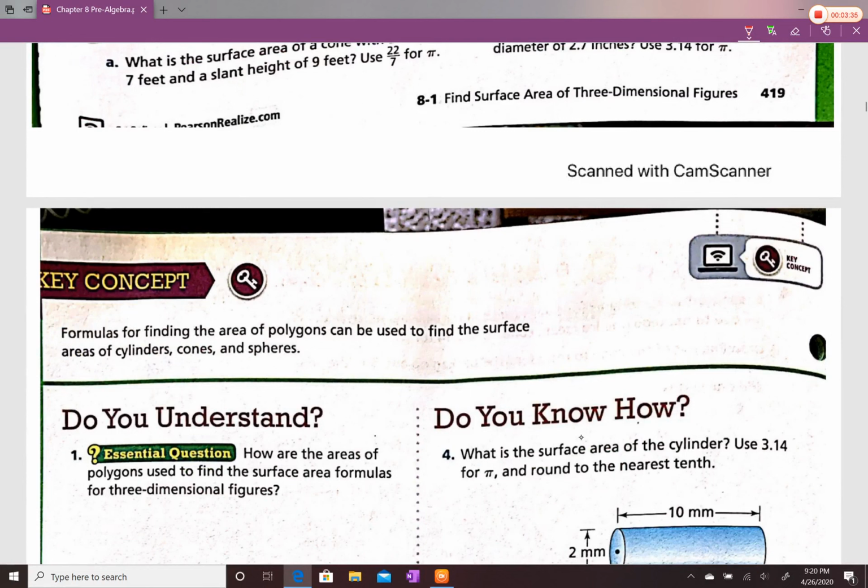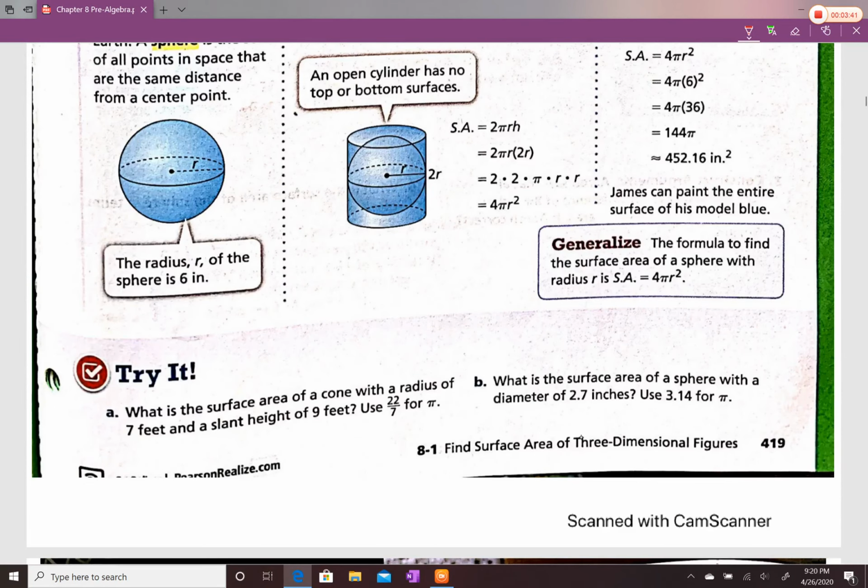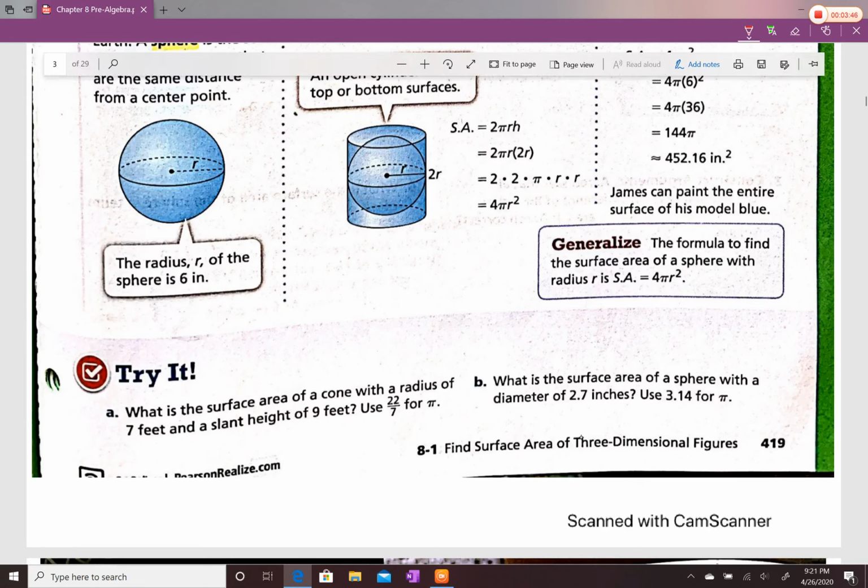And here you go. What is the surface area of a cone with the radius of 7 feet? So we are doing the surface area of a cone. I'm just going to write it here because I don't have enough space at the bottom. So first, we'll write the formula: pi r squared plus pi r L. This L we write as a slanting one, okay?